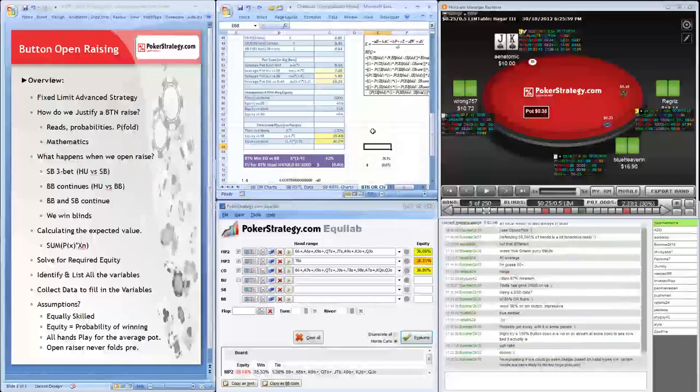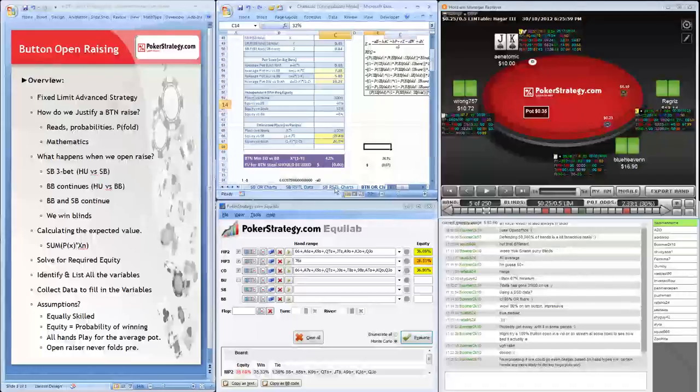Once we develop this, there's tons of things we can look at here. One thing that I find very interesting is once we figure out how to decide how often we want to raise based on how often our opponents get involved, we can start to solve for the optimal range size, based on our assumptions. So, I looked at small blind re-stealing.